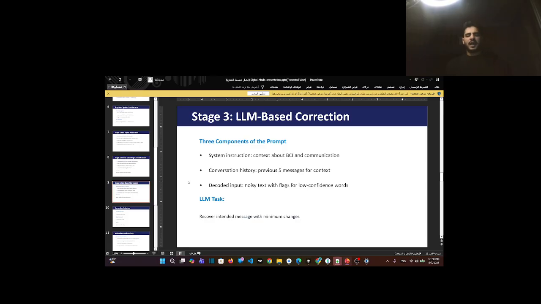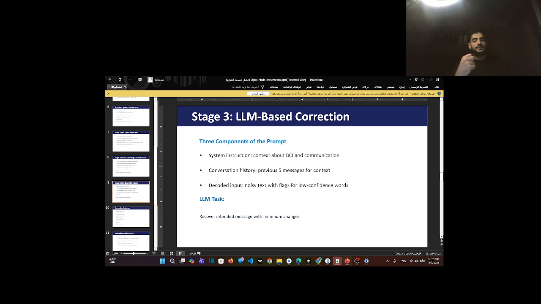LLM-based correction. The third stage is the LLM correction stage. The prompt given to the LLM contains three important components. First, there is a system instruction explaining that the input comes from a BCI communication system and may contain decoding errors.